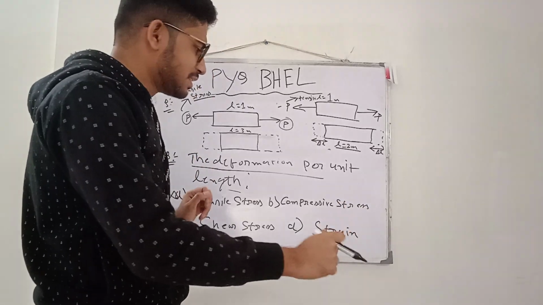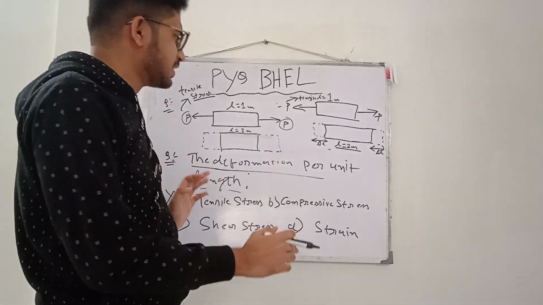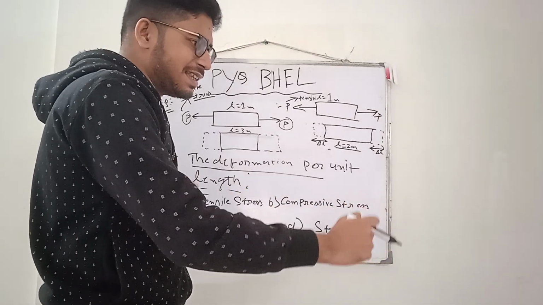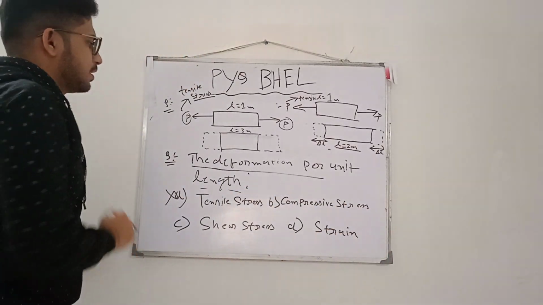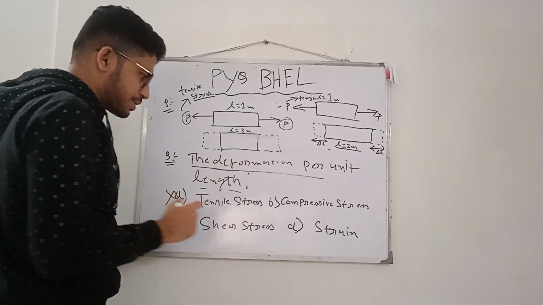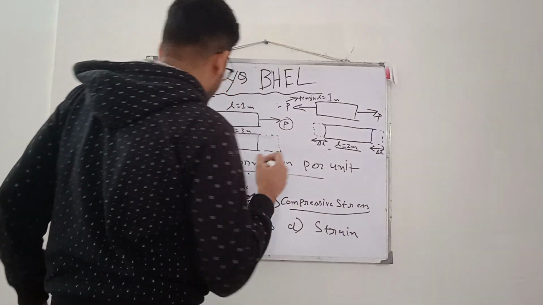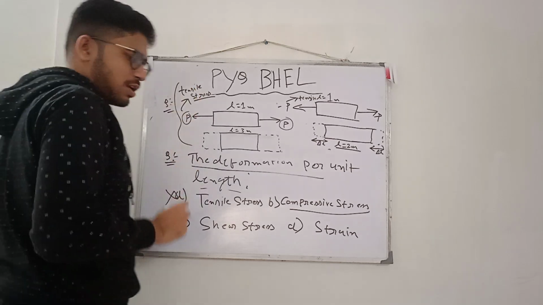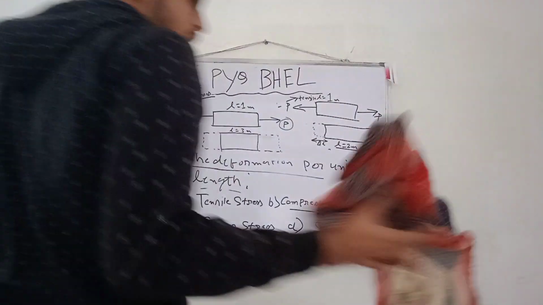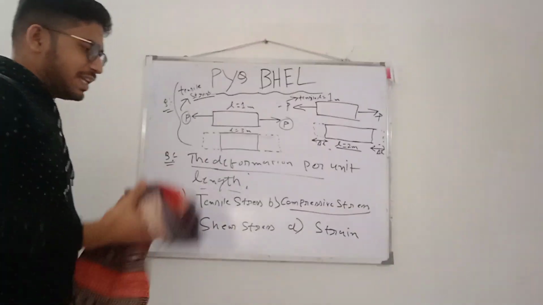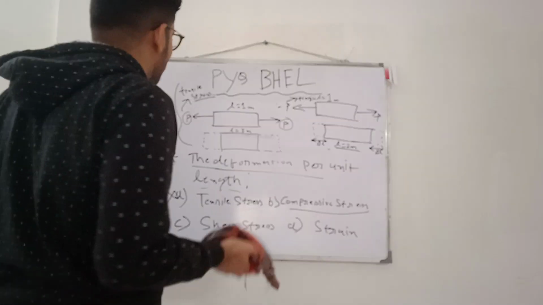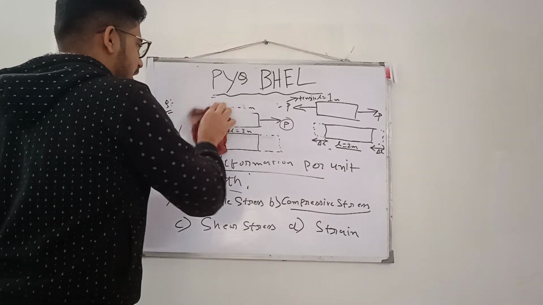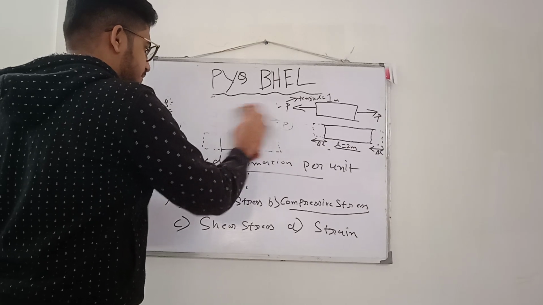But there is also an option, compressive stress. What is compressive stress? This is the tensile stress, I hope you all understood. The stress or force which causes the material to increase its length is called tensile stress.